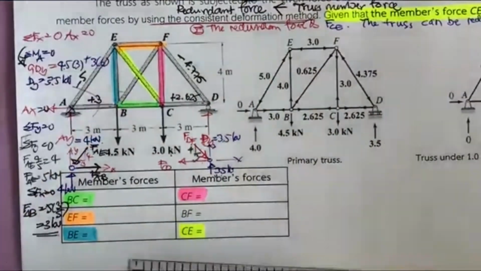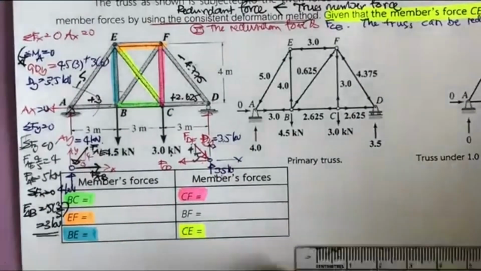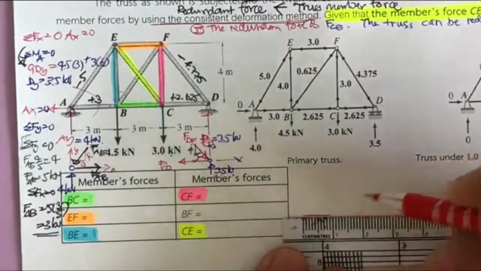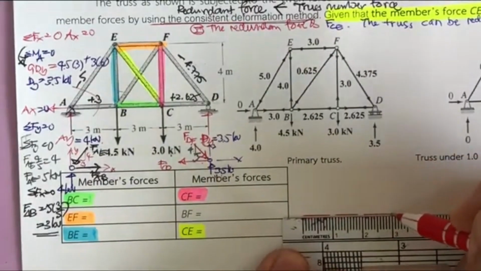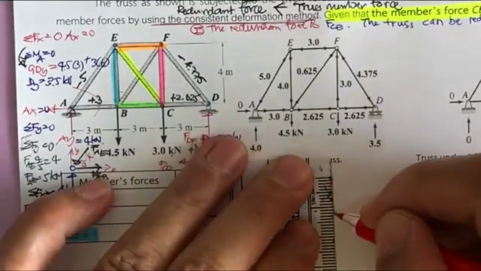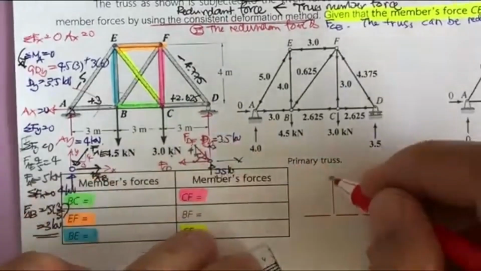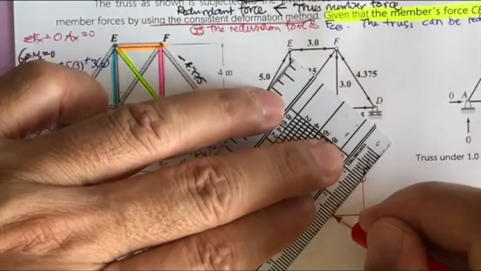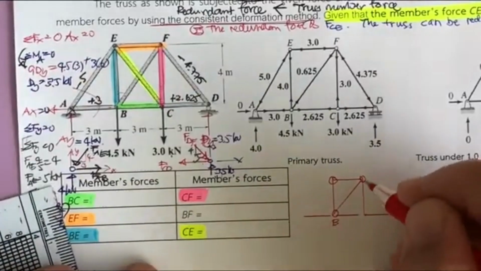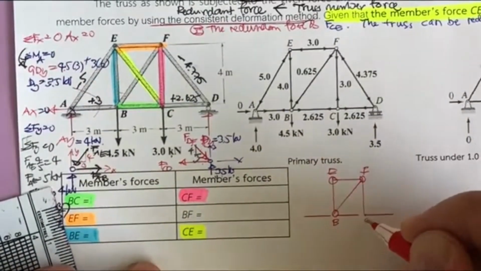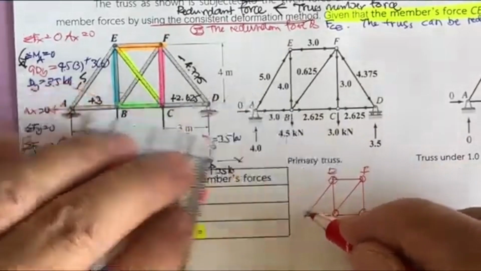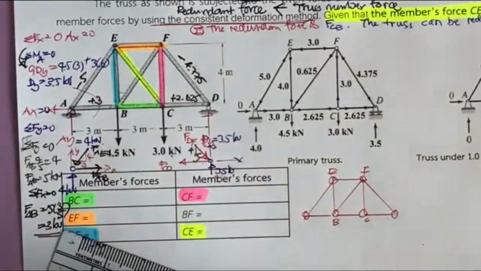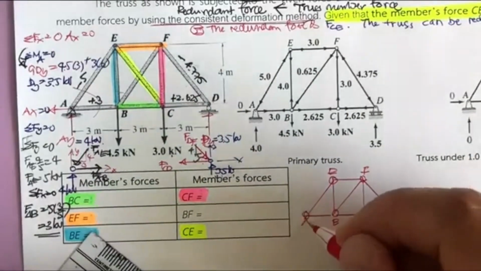Okay, after you do that, you redraw the truss as shown, and then you have the redundant force as F sub CE, so it's 3. Okay, and then your truss is 4 meter, it's about 1.33. And what happened is this is going to be the same. It's going to be BFEC, and this is BAE, and this is going to be FD. And your task is going to be something like this.